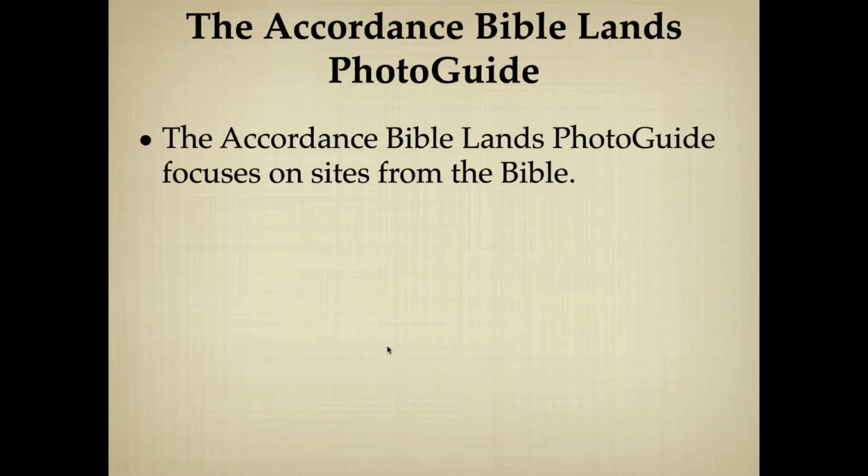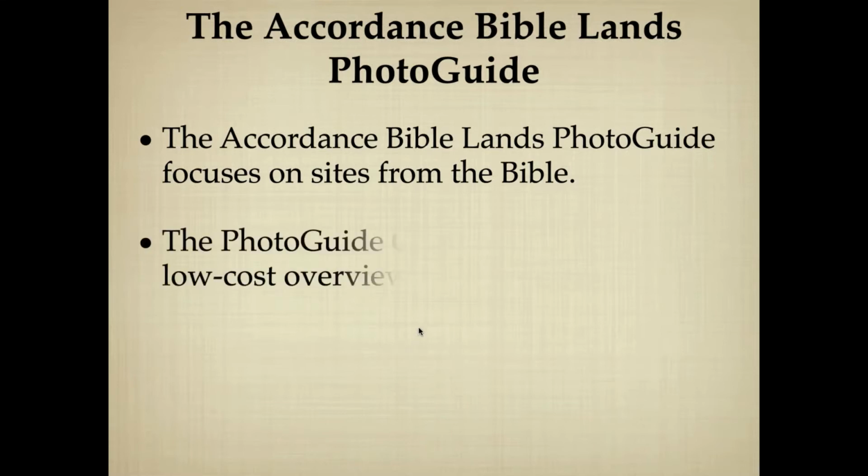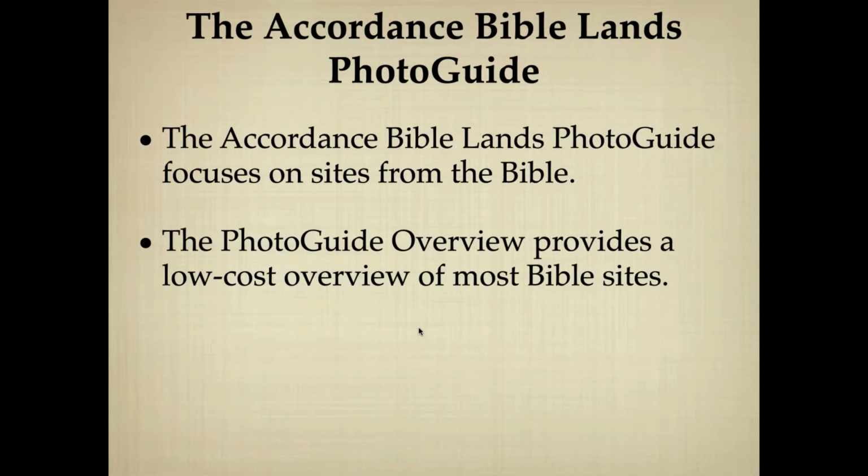First, we're going to focus on the Accordance Bible Lens Photo Guide. This visual guide focuses primarily on sites from the Bible. We have a low-cost version of the Accordance Photo Guide, called the Photo Guide Overview, that provides a low-cost overview of most Bible sites, but there are a limited number of pictures in this overview.